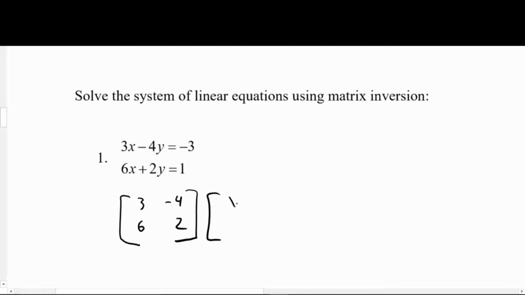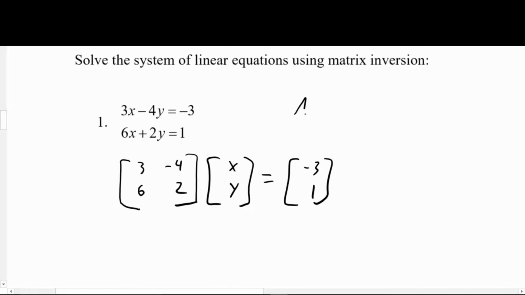There we go. Now my next matrix is going to be X's and Y's. And then my last is that. So what you'll notice here is I was trying to mimic the form I showed up above: some matrix A times some variable matrix equals some third matrix B.